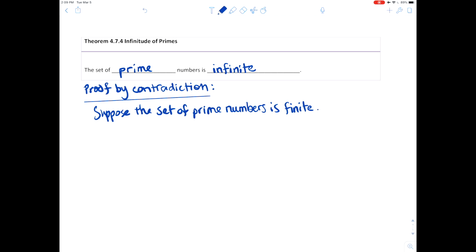Well, if that's true, then there exists a prime number, call it p if you want, such that p is the largest prime number.